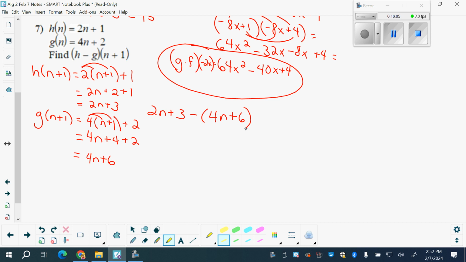Ellie, what do we do next? That's right. And so what do we get when we distribute that negative? Yes. So now adding our like terms, we would get negative 2n minus 3. So our h minus g of n plus 1 equals negative 2n minus 3.